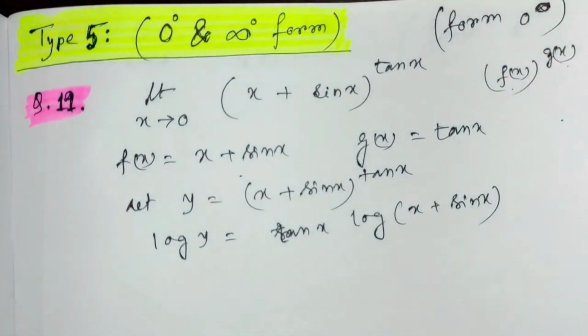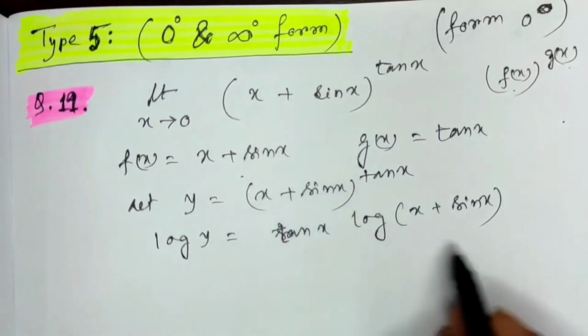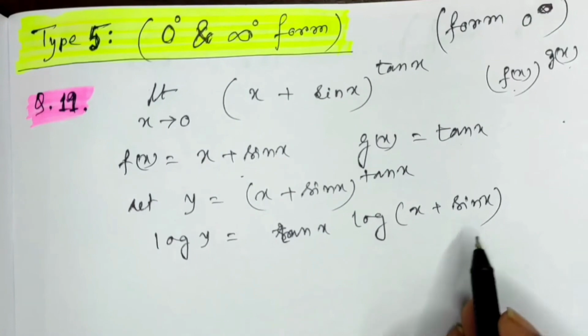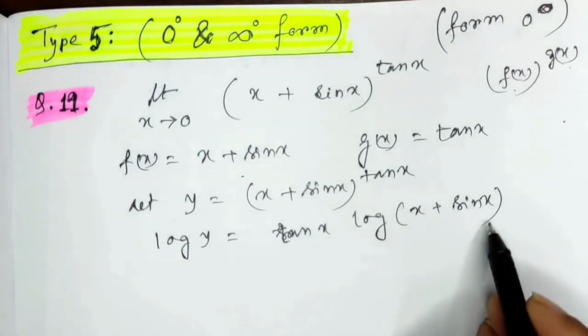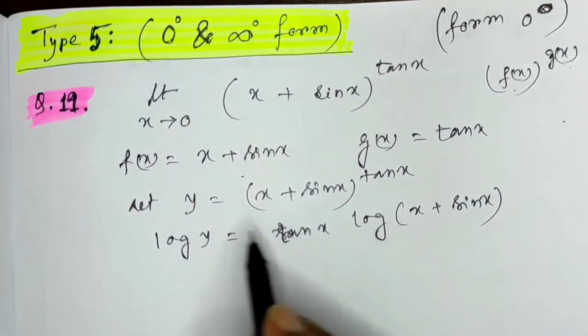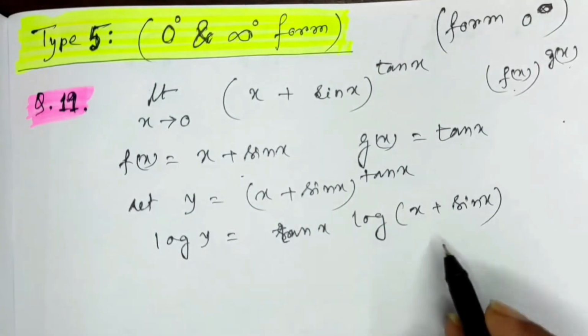If we have this type of form, then to convert it into the 0 by 0 form, we should take log on both sides. Let us consider y is equal to this entire function and take log on both sides. If we do so, then log y is equal to tan x times log of (x plus sin x). Now tan x when x tends to 0 is 0, and log 0 is infinity.